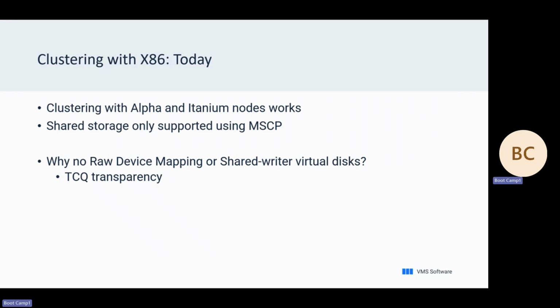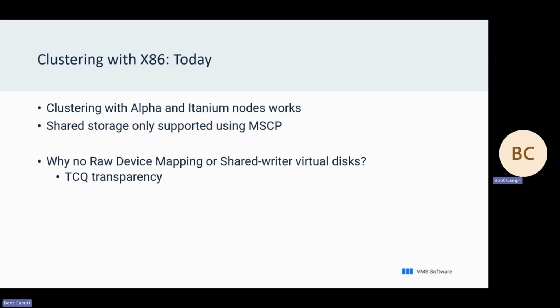A question we get a lot: why do we need PCI pass-through to talk to a Fibre Channel disk if I can make that a raw device and use a raw device mapping to pass that through to VMS? Or why can't I use a VMDK file and make it a multi-writer shared VMDK?